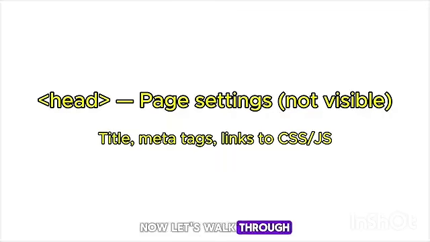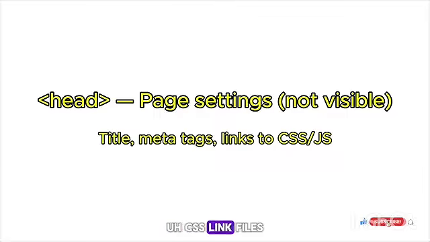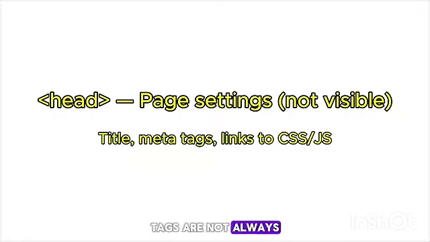Now let's walk through the HTML tags one by one, starting from the head tag to the footer. In the head tag is where we put HTML tags like the page title tag, meta tags, CSS link files, and JavaScript link files. All these tags are not always visible on the web browser.